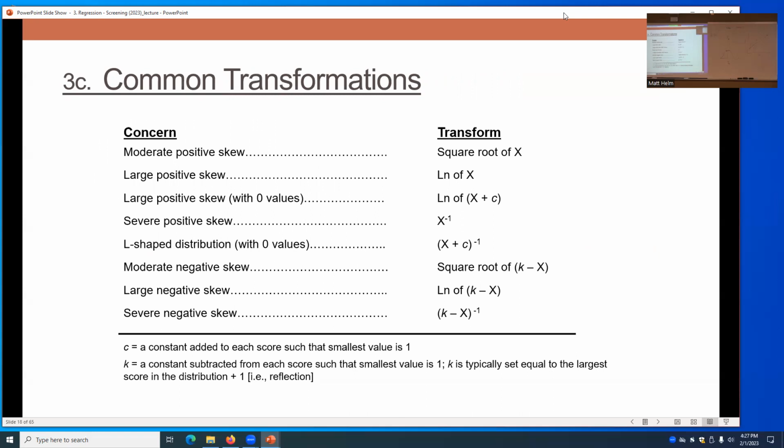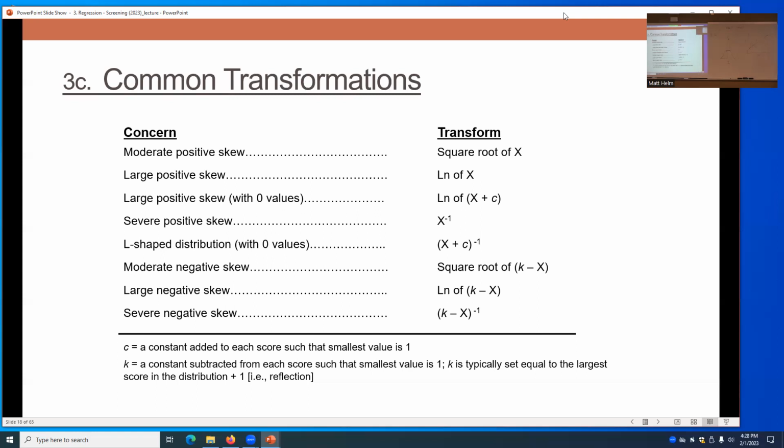Okay. Large positive skew, the natural log of X. I would recommend the use of natural log versus the log. It's not going to change the shape at all, but the natural log has some interpretive properties that are advantageous.